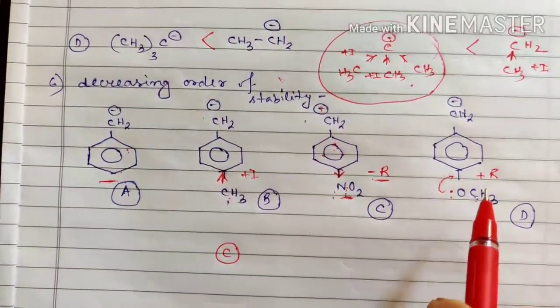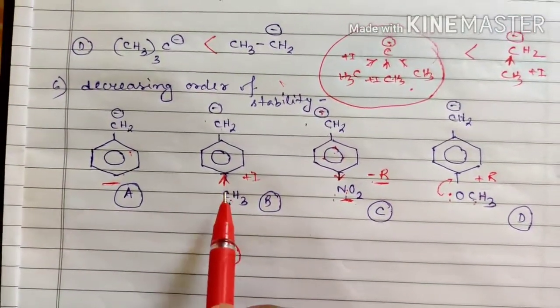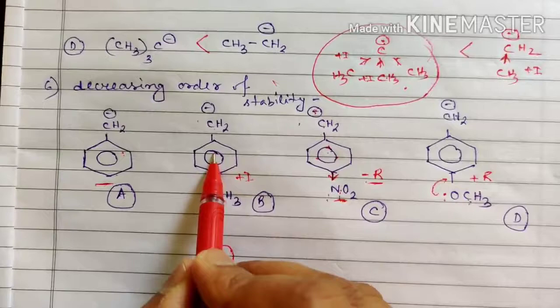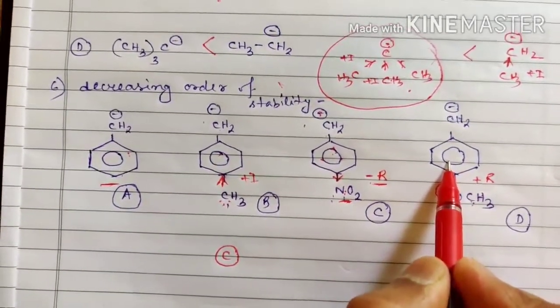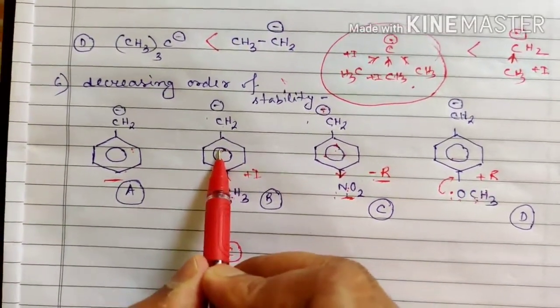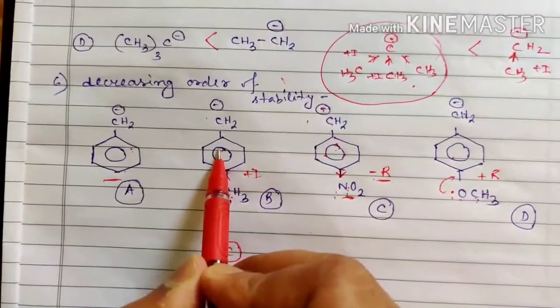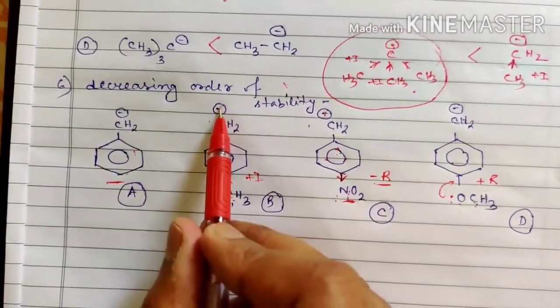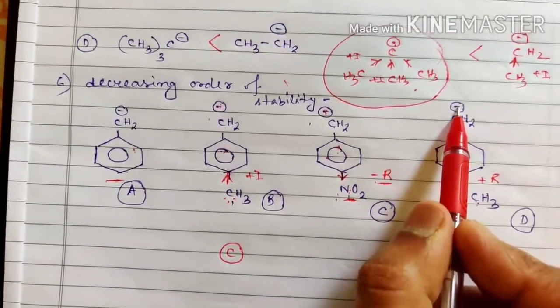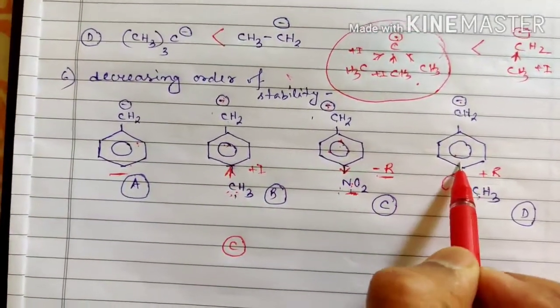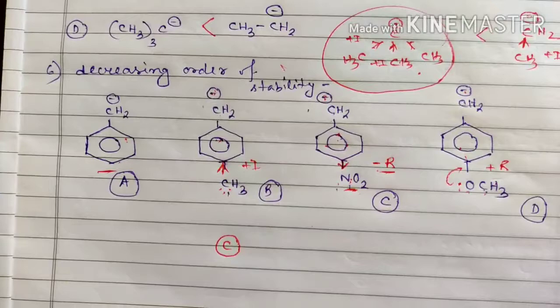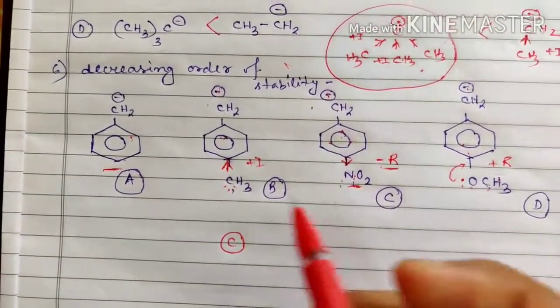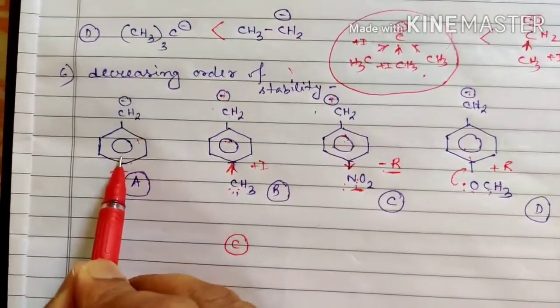Then for these two, in both cases the electrons are going to be pushed inside the ring. So the ring will be electron rich, and the tendency to stabilize the negative charge will be less, because the ring itself is further electron enriched. Here there is no such case.